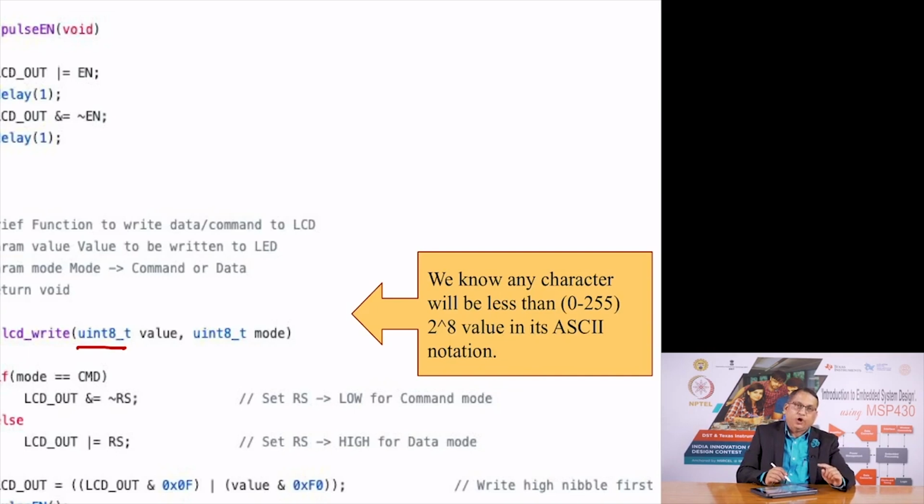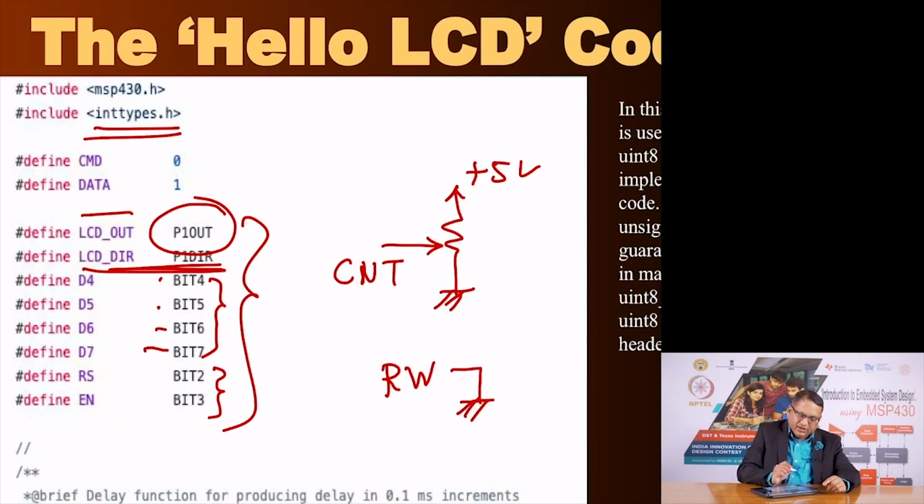But this is not available in your normal MSP430 header file. For that you have to include a different header file, and that is this inttypes. In inttypes there is a definition of how to invoke uint8 kind of variables. So we have used that.